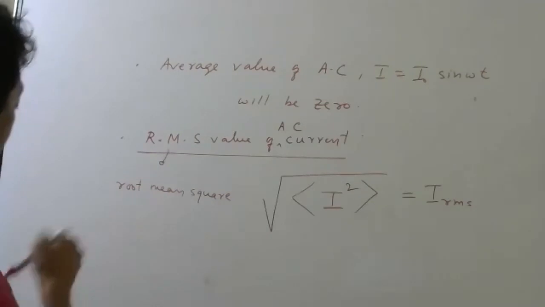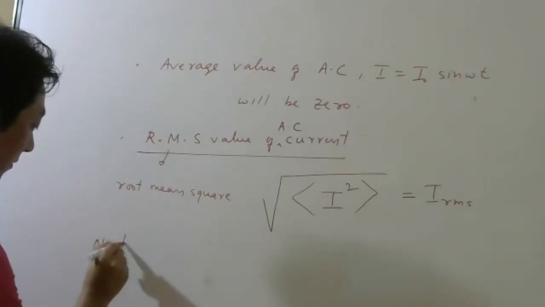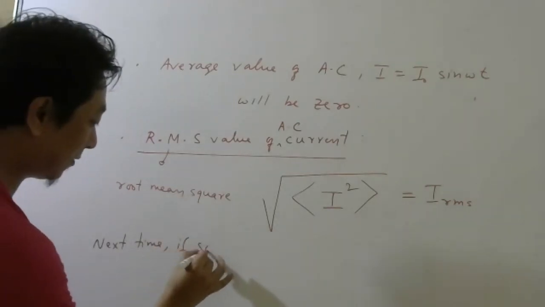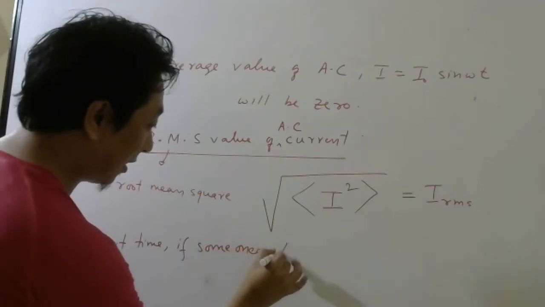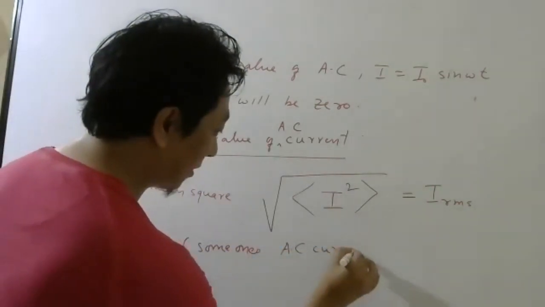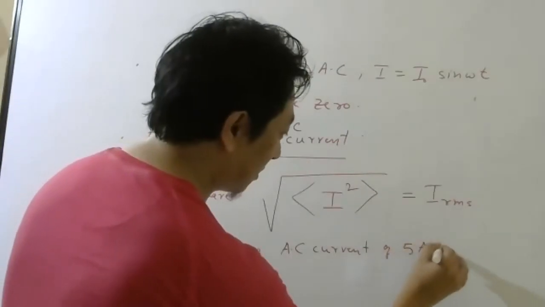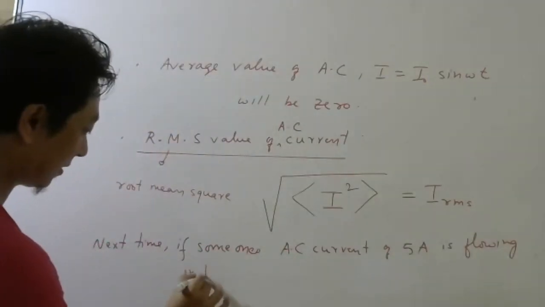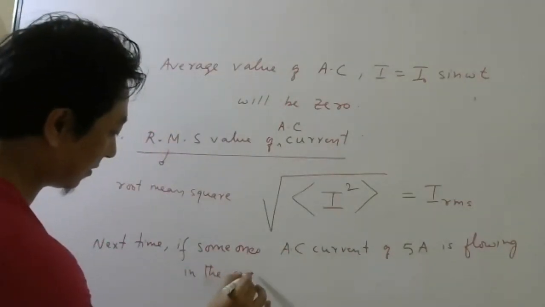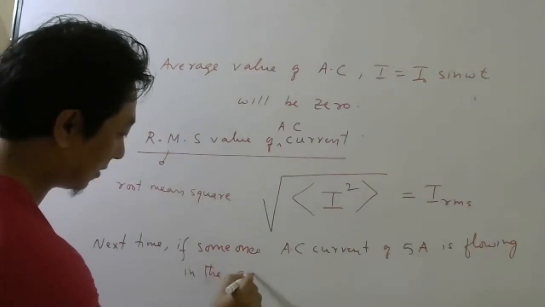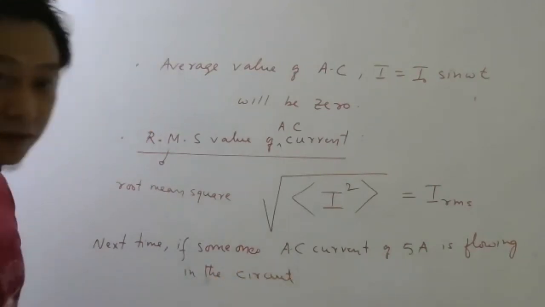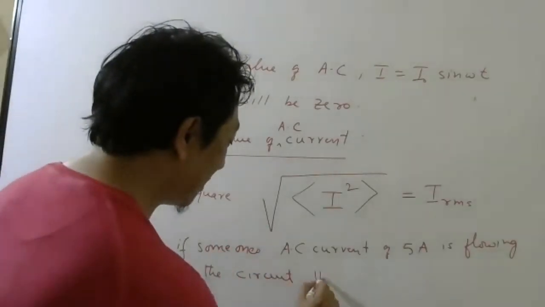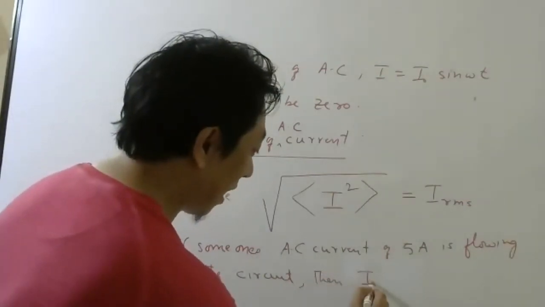So please remember, next time, if someone says AC current of 5 amperes is flowing in the circuit, then this 5 ampere will mean IRMS.